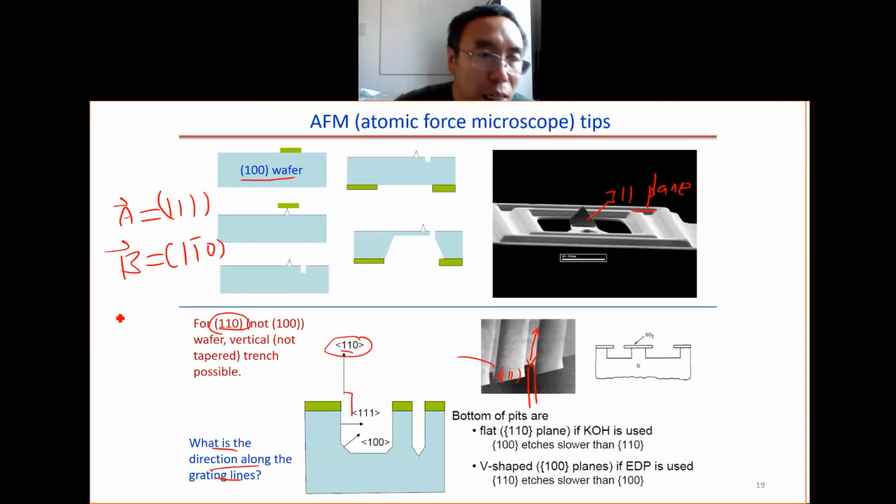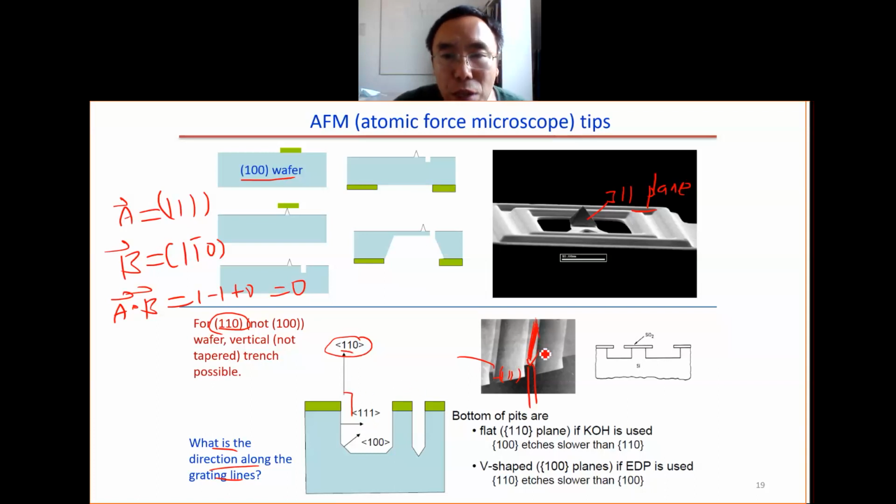You can see here A dot B equals 1 times 1 plus 1 times minus 1, so equal to 0. That means they are perpendicular to each other. Now we want to know this direction. This direction here is perpendicular to 111. It is also perpendicular to 110.